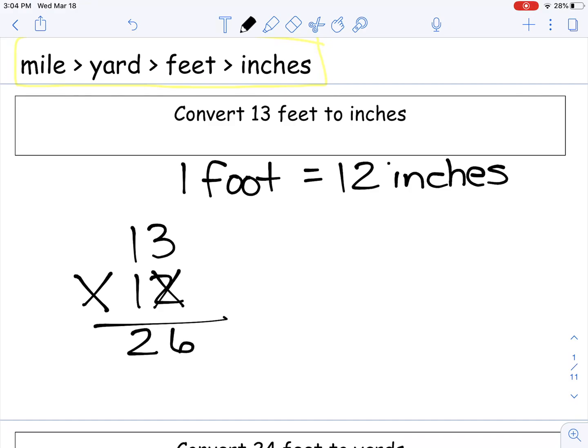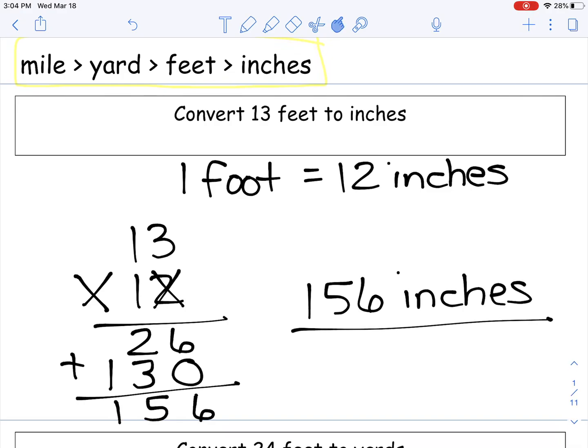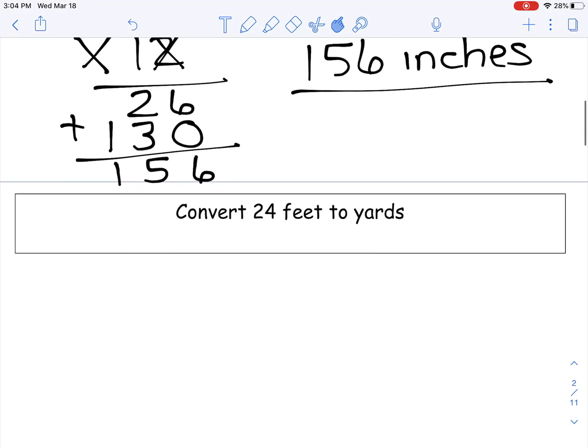I'm done with the 2, placeholder 0. 1 times 3 is 3, and 1 times 1 is 1. And we're going to add those up. 6 plus 0, 6, 2 plus 3, 5, and 1. So 13 feet is equivalent or equal to 156 inches.